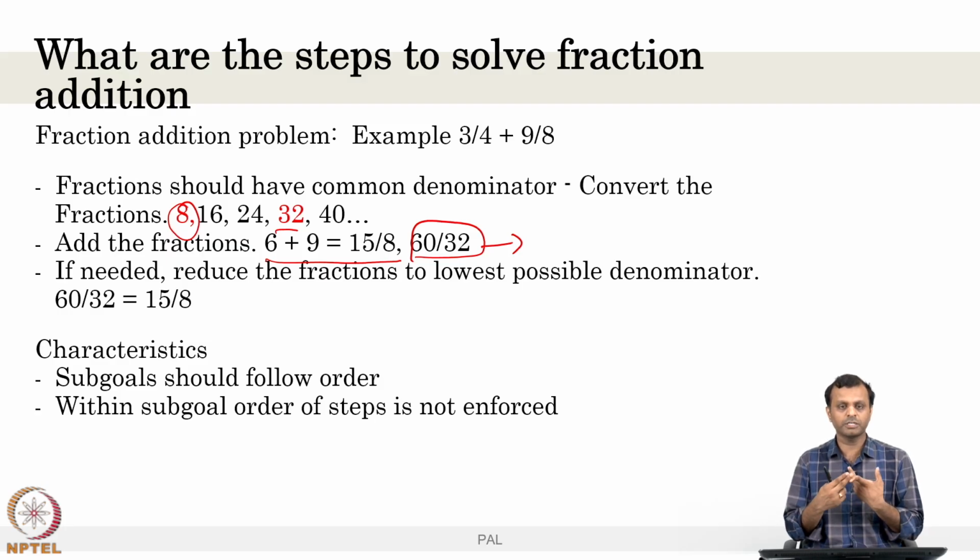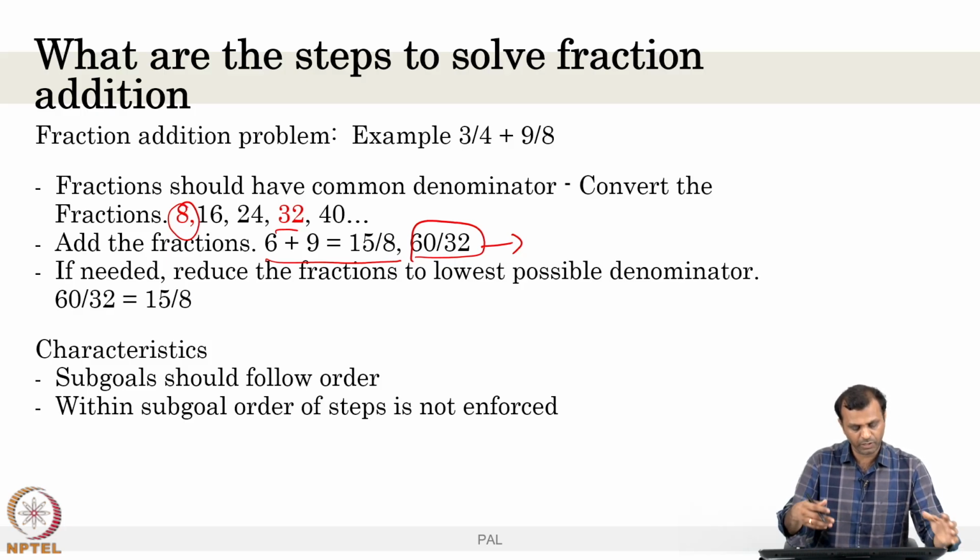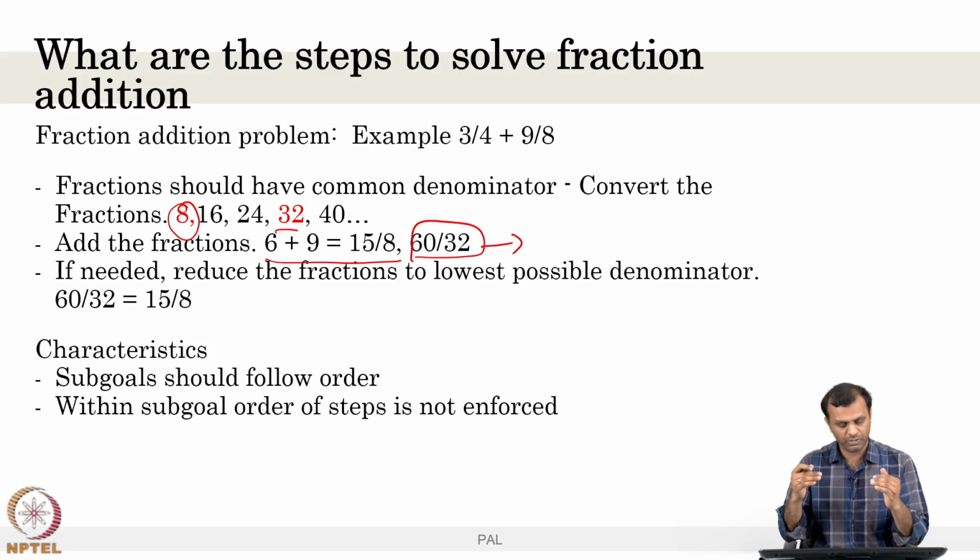I cannot add the numerators and then convert the denominator. That is not possible. Instead, you have to first convert the denominator to make it equal, then add, then simplify. This is the order. So, the order of sub goals is enforced within the overall goal.